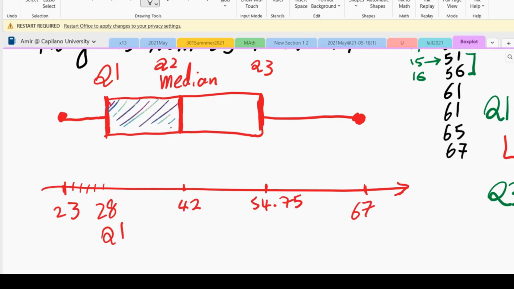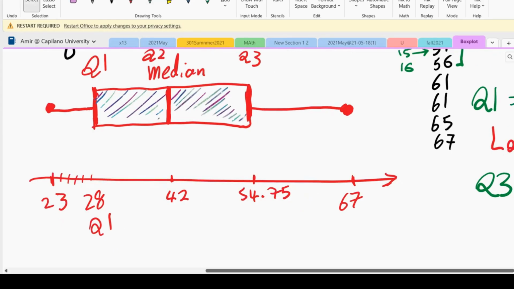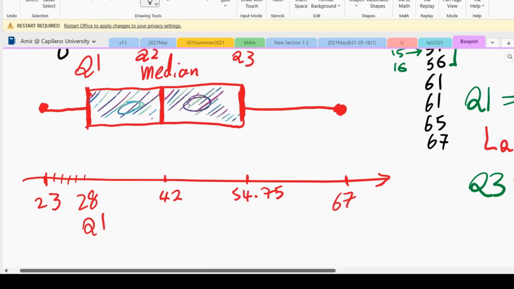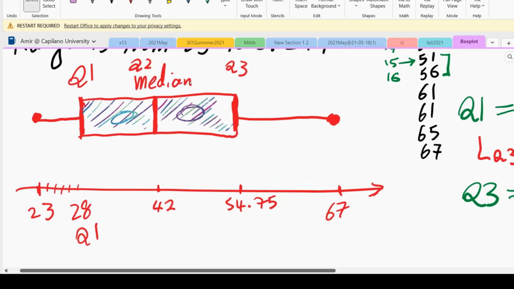And these are the 25% between the median and the third quartile. So this range, here we have 25%, and here we have another 25%. So this box, the place that I hashed, shows the 50% middle class.